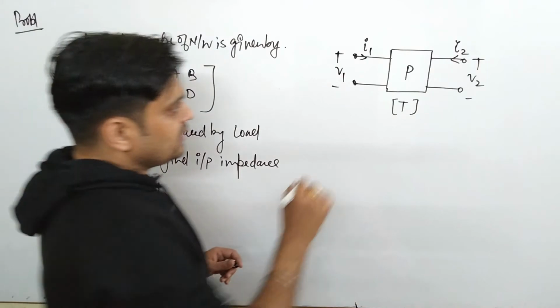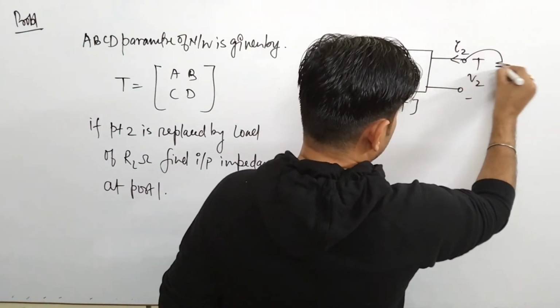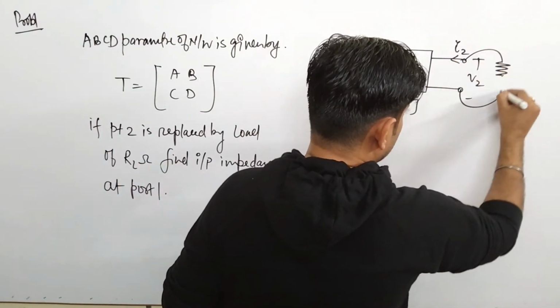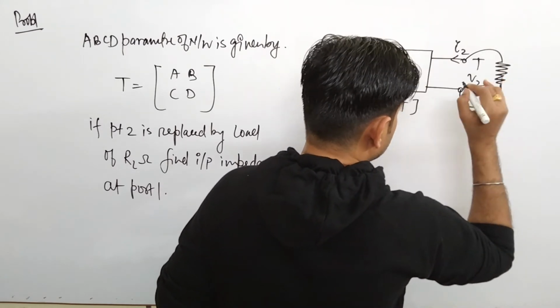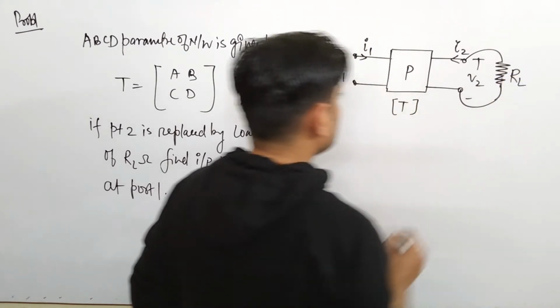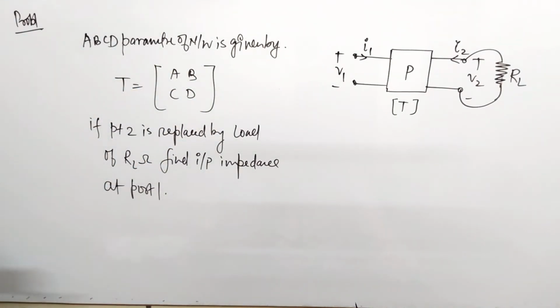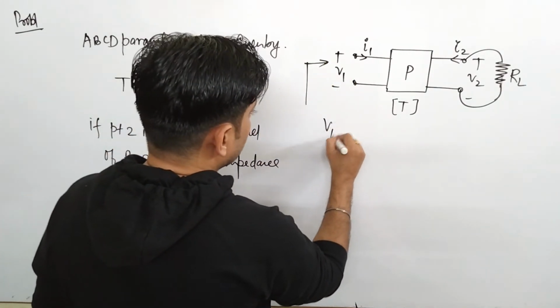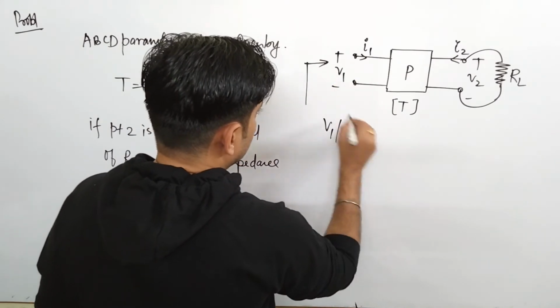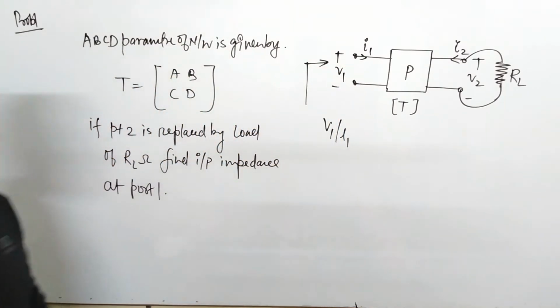Now the condition is if this port is replaced by some resistance whose value is RL ohm. So if that port is replaced by some load resistance RL, you have to basically find the input impedance, that is V1 by I1 at this port. When you look from here, what is V1 by I1?